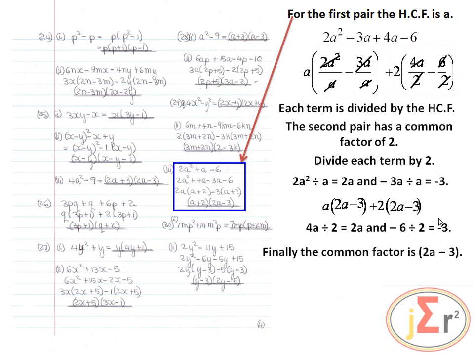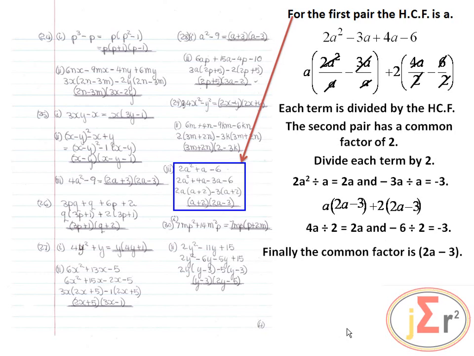Finally, the common factor is 2a minus 3. So the common factor is 2a minus 3, and if that be the case, then we will have to divide each term in the resulting expression by 2a minus 3.